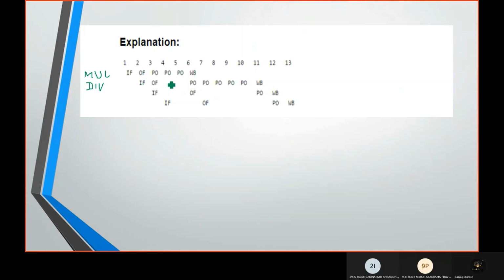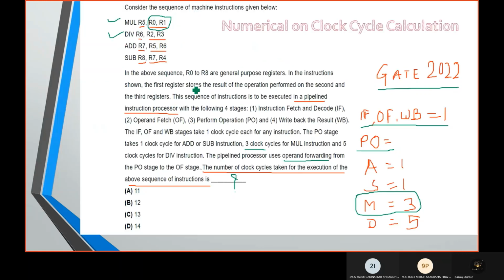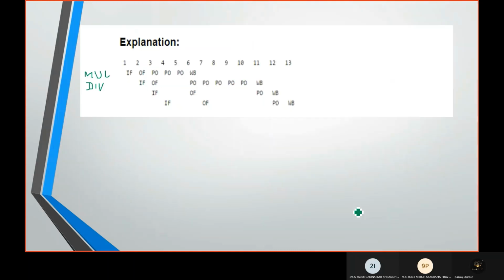Now I wait for the previous multiplication instruction, whose perform operation stages are already there. I do not perform the operation on the next instruction because the multiplication is already in the queue. So I write perform operation after that. For a division instruction it takes 5 stages, so I write 1, 2, 3, 4, 5, and then one stage for write back.